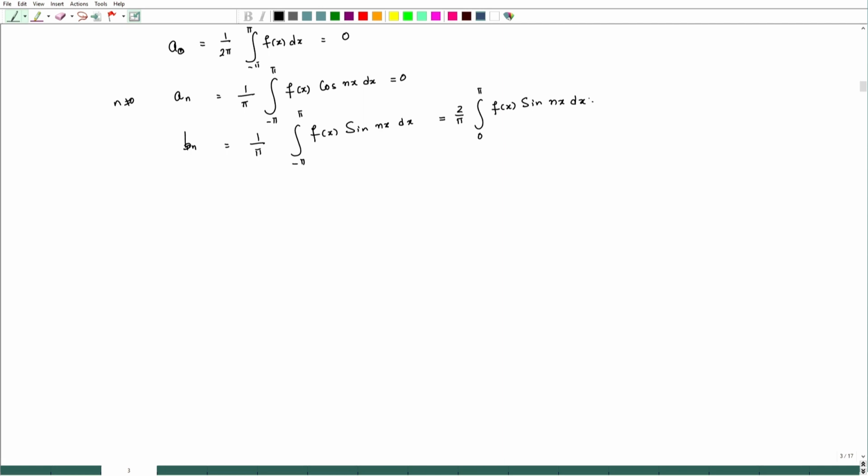Similarly, we can define it for the even function.